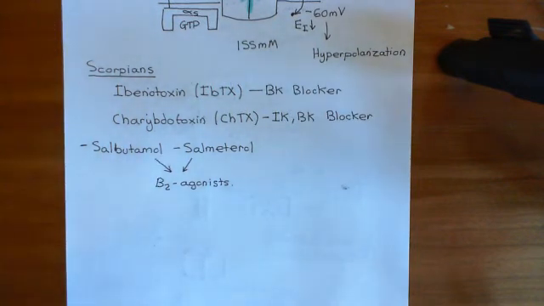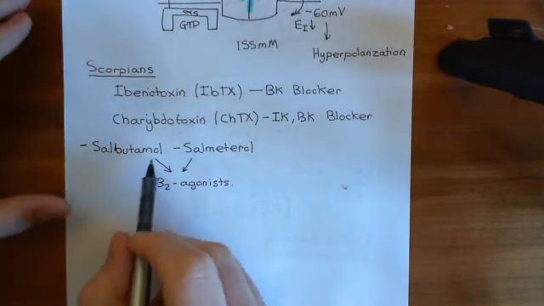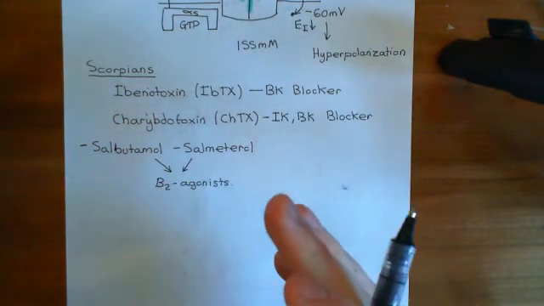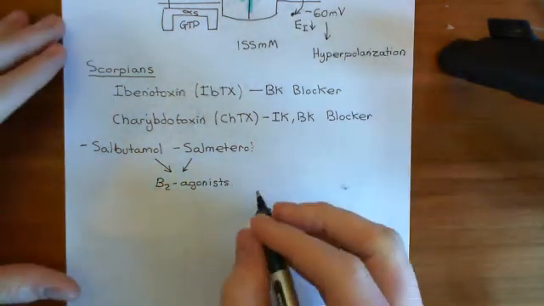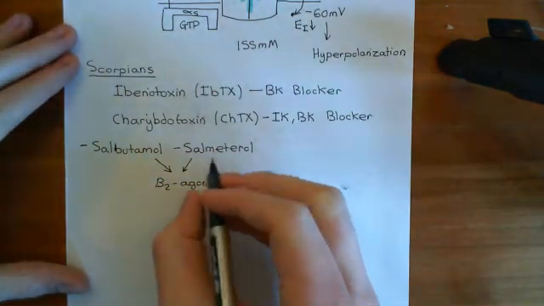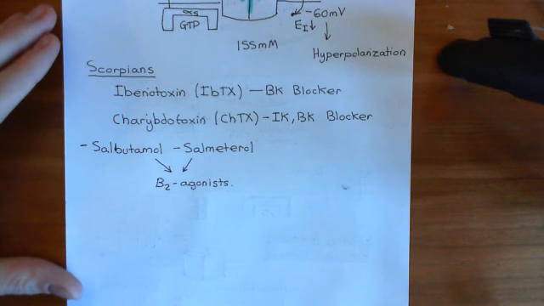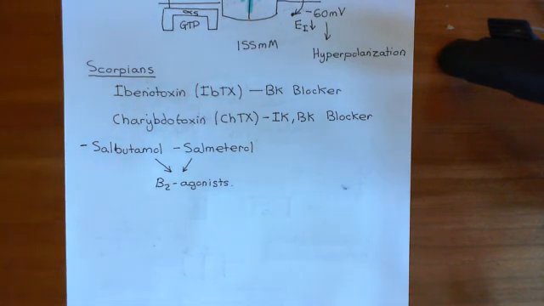You squirt aerosols of salbutamol into the airways, and this will go to the smooth muscle cells that surround the airways and cause relaxation and hopefully reopen the airway back up. So these are beta-2 agonists, and they're both used in the treatment of asthma. Okay, so that concludes our discussion of beta-2 adrenergic receptors. In the next video, we'll turn our attention to beta-3 adrenergic receptors.